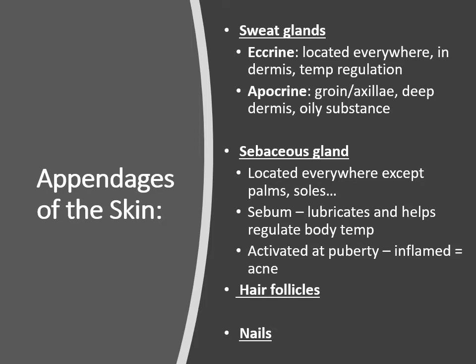Apocrine are associated with hair, typically in the groin and the axilla. Okay, and some people can have a lot of problems with these apocrine sweat glands. They can get infected in the armpits or the groin, and sometimes people have to go for surgery to have these sweat glands removed. Okay, and remember, they're associated with hair.